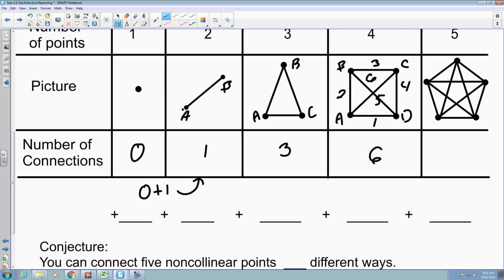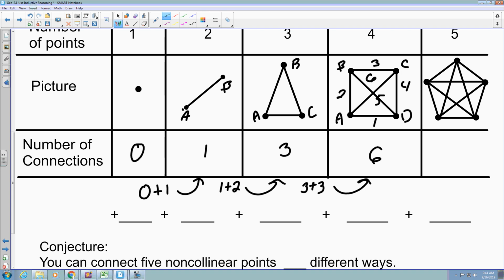Now, what do I have to add? If I took 1 plus 1, do I get 3? No, but if I took 1 plus 2, that gives me 3. And then here, if I go 3 plus 3, that gives me 6.